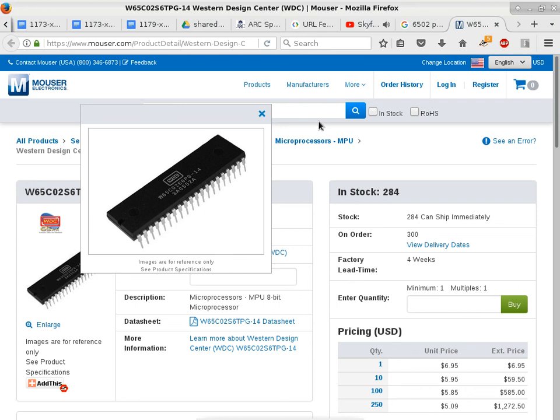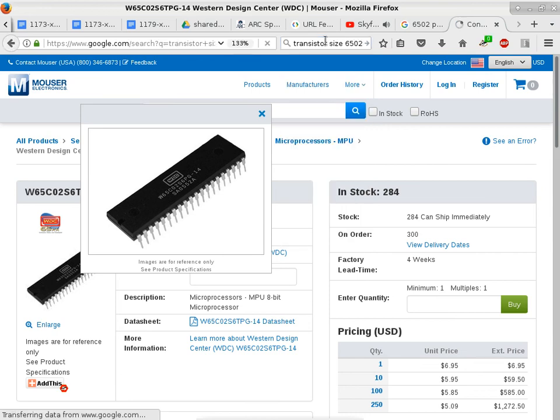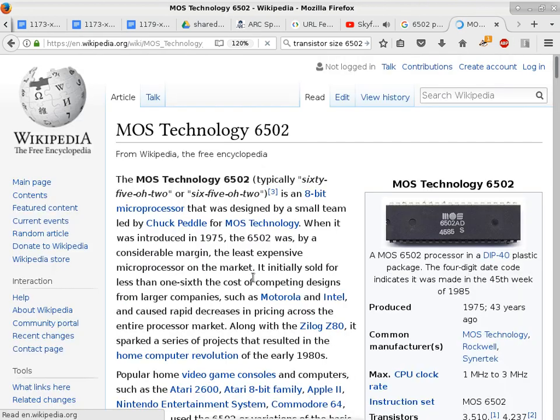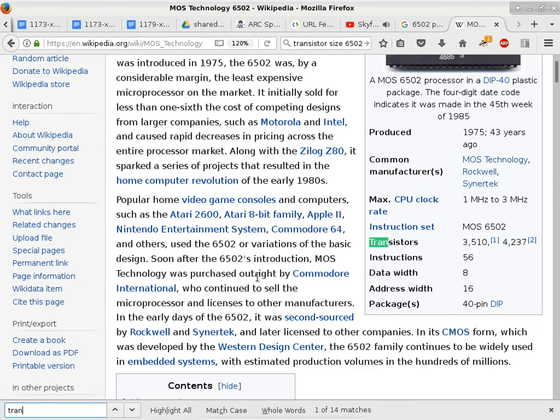So now we ask, okay, what is the transistor size of that particular chip? Okay, so this chip has somewhere between 3,500 to 4,000 transistors. What do you think is the transistor count in the i7 processor?